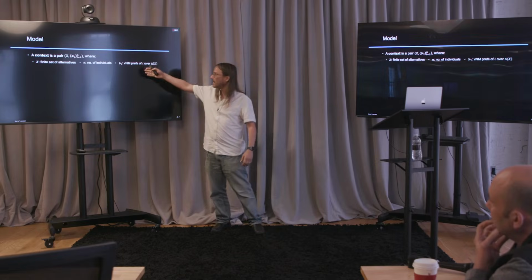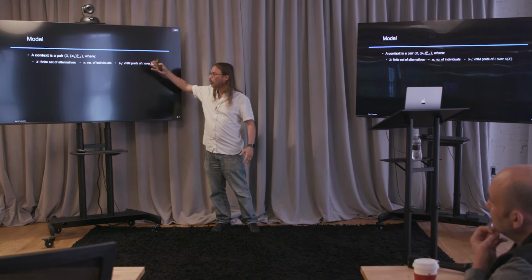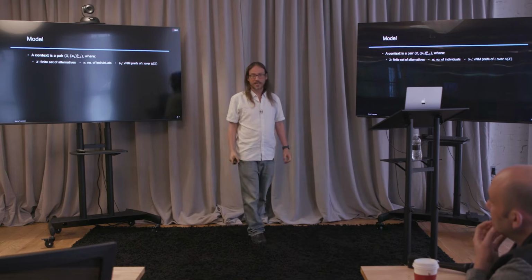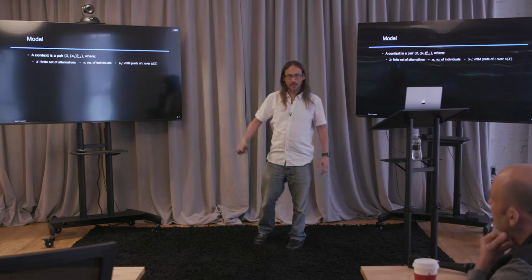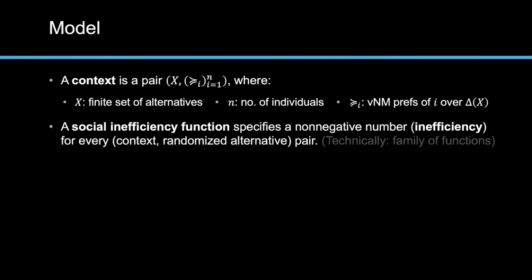You can think about this as the set of outcomes of a mechanism, or the set of strategy profiles in a game, or whatever. A social inefficiency function specifies a non-negative number, we're going to call that number an inefficiency, for every pair of context and specific randomized alternative, meaning lottery over alternatives in this context.